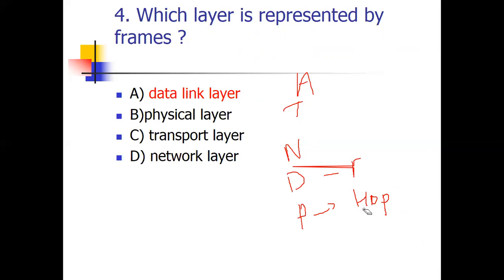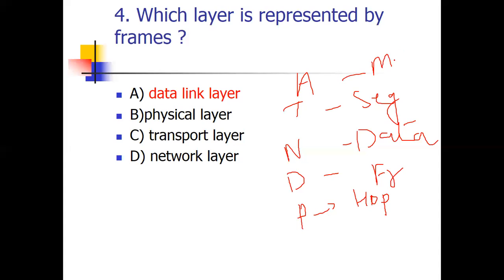At the network layer, it is the datagram, or we can say packet. At the transport layer, it is the segment. And at the application layer, it is the complete message.